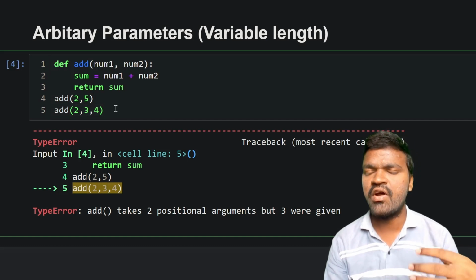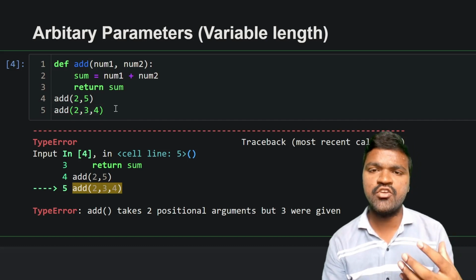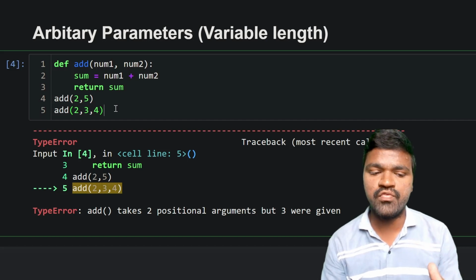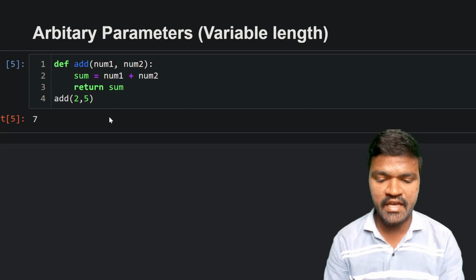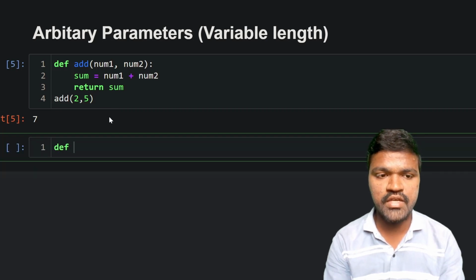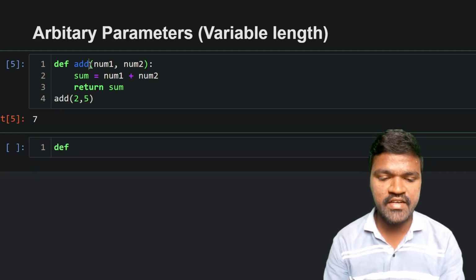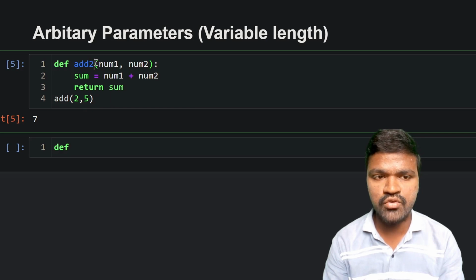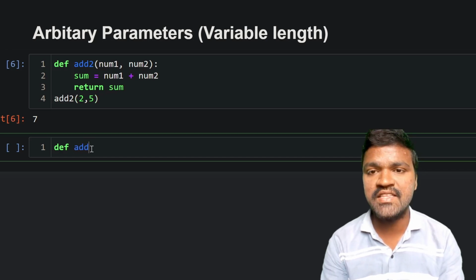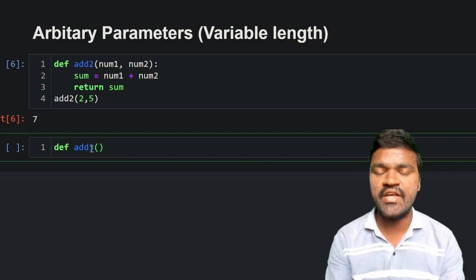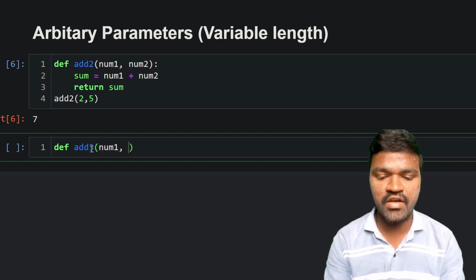So when we want to add three numbers, what do we need to do? We need to define one more function, right? So I will execute this and take one more function here. I will call the previous one add2, which means it will add two numbers. This got executed. Let's say I wanted to add three numbers, so I am taking num1, num2, and num3 here.